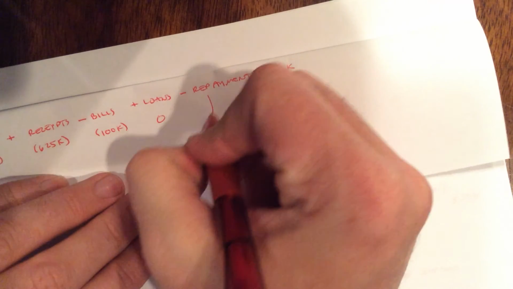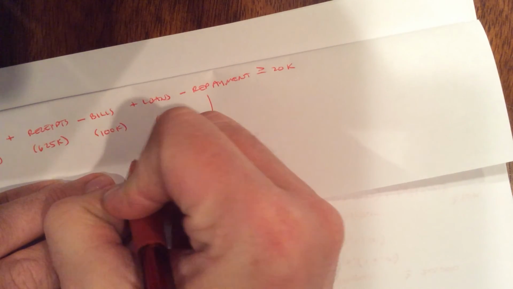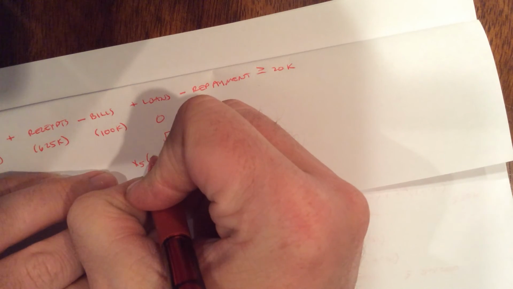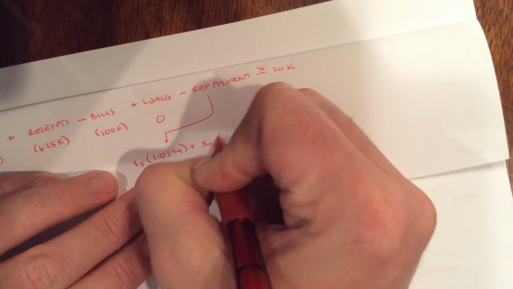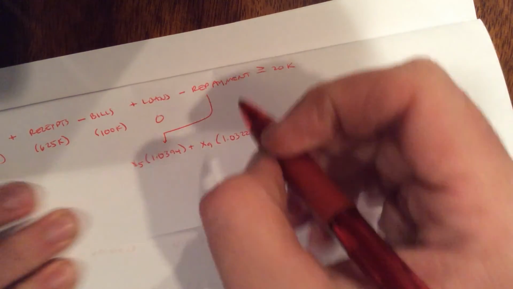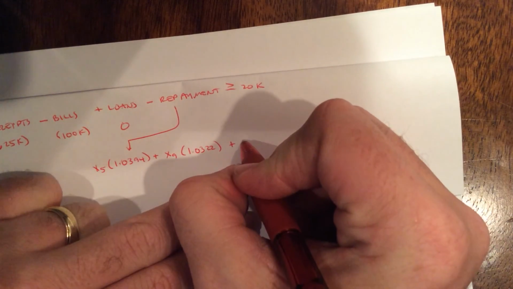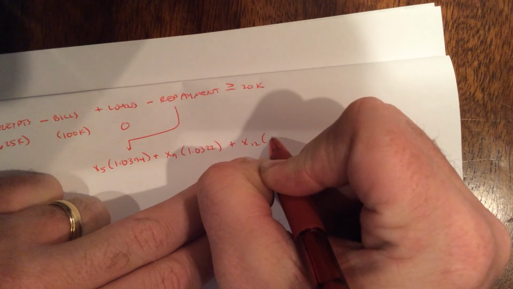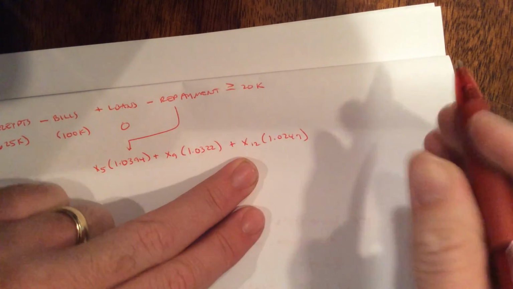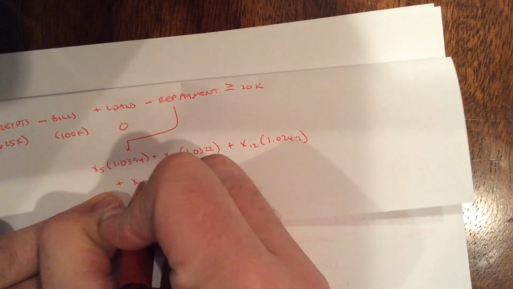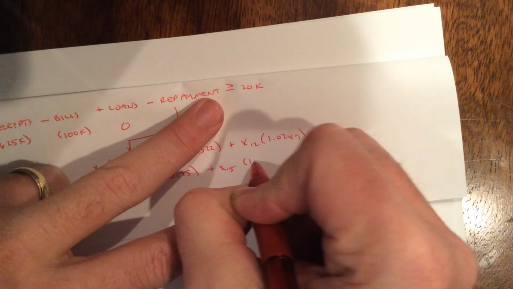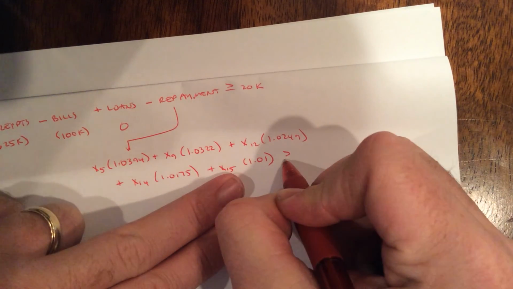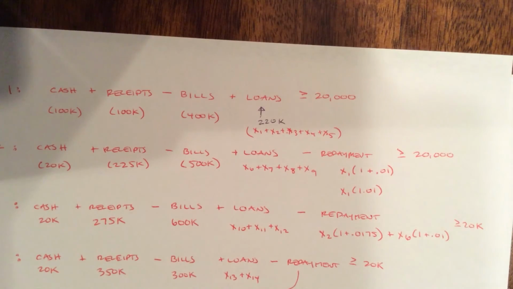So the repayment is X5 times the interest rate on a 5-month loan, 1.0394, plus X9 times 1.0322, plus X12 times 1.0249, plus X14 times 1.0175, plus X15 times 1.01, greater than or equal to 20. So there we have it. We have our linear program.